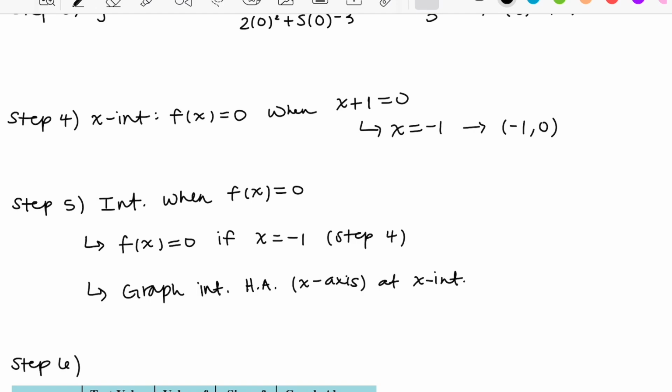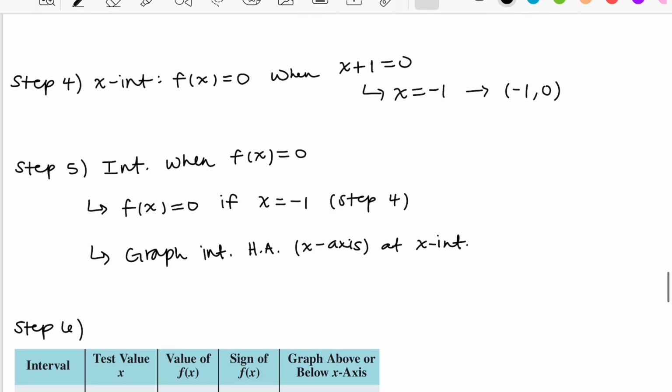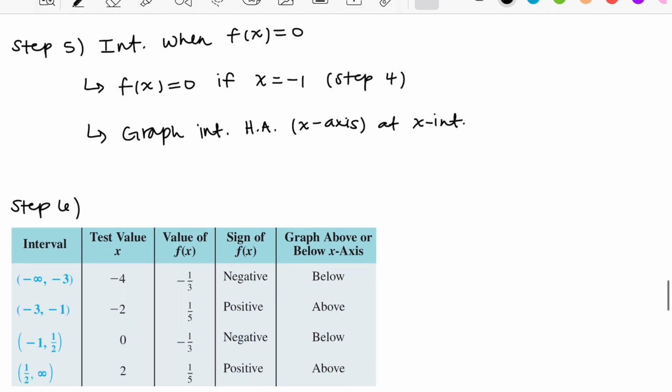All right. So now with this information, what we can do is look at some test values in the different intervals of our domain. So our domain is split up into these 4 intervals based off of the numbers that make our function undefined, or in other words, based off of the lines for our vertical asymptotes here. So what we'll do is pick a test value in each of these intervals and figure out the sign of our function.